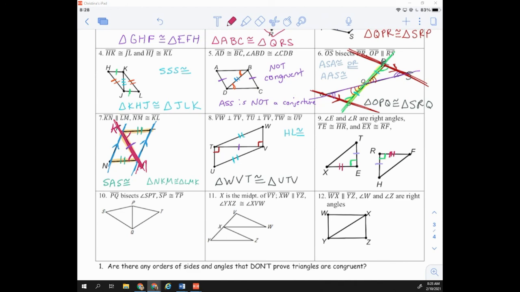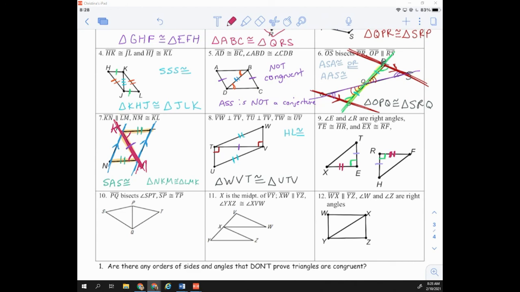Now, these are right triangles, and I said when you have a right triangle, the first thing you're going to check is hypotenuse leg. Well, we check hypotenuse leg, and we realize that we don't have hypotenuse leg here, at least not labeled, because we're not told that the hypotenuses are congruent to one another. We're only told that the two legs are congruent to one another, and we're told about the right angles.